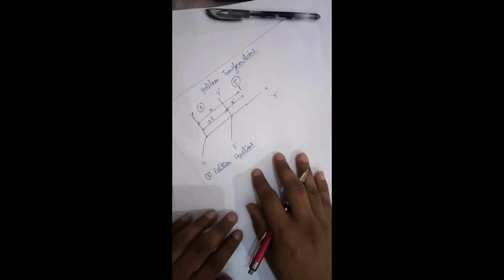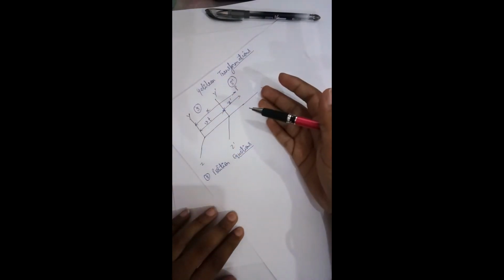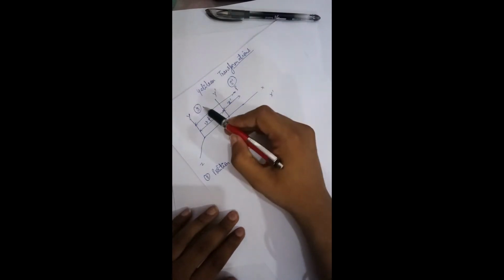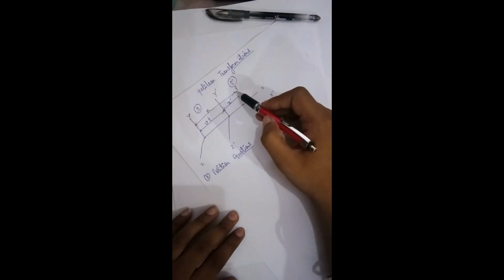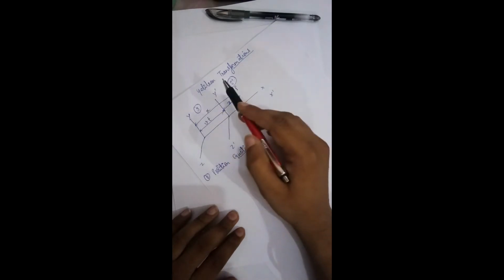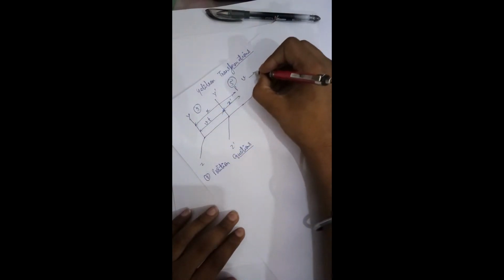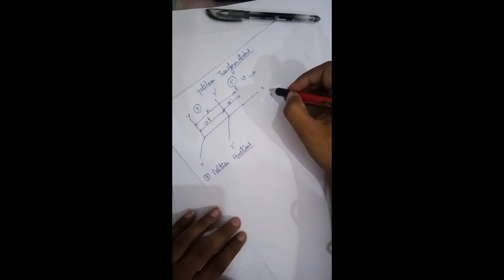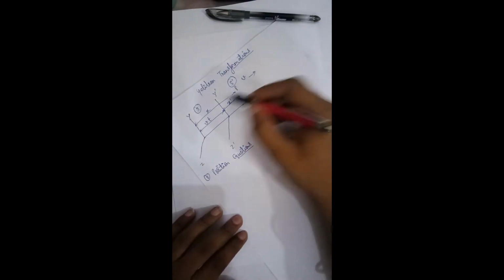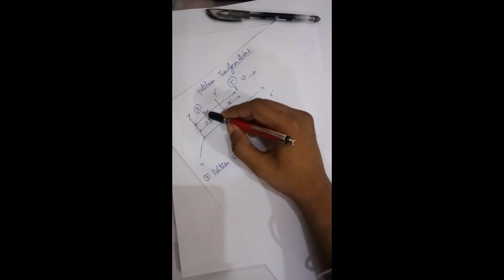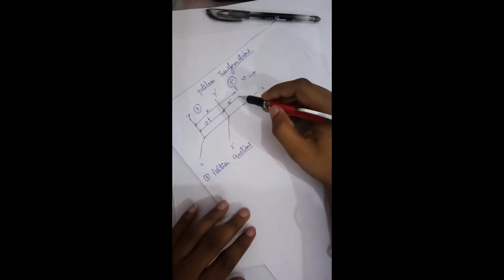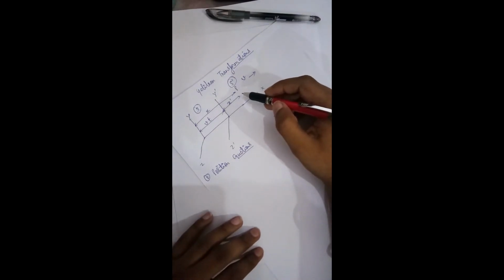So let us consider two frames of reference S and S dash, where S is stationary and S dash is moving with velocity v along the x direction. The coordinates in the stationary frame of reference are x, y, z and t, and in the non-stationary frame of reference are x dash, y dash, z dash and t dash.